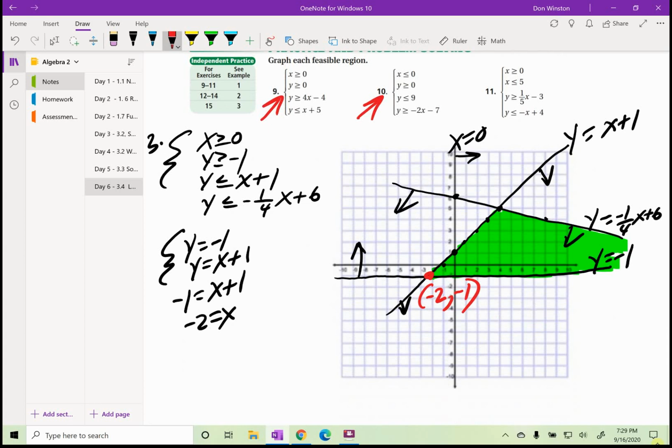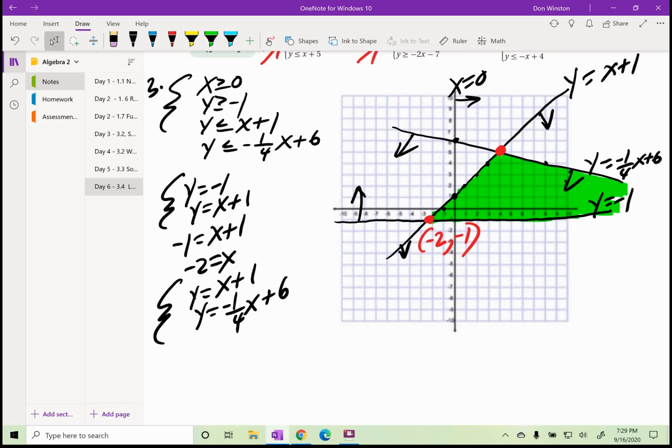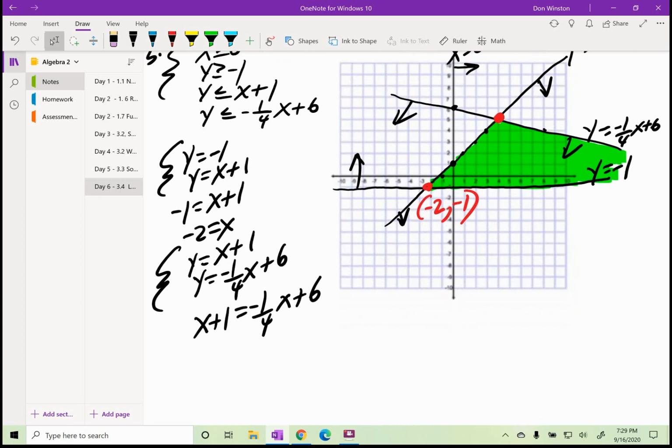I want to find this corner point here. That's the intersection of two lines: y equals x plus 1, and y equals -1/4 x plus 6. Again, we set y equal to y. So I have x plus 1 equals -1/4 x plus 6. I'll subtract 1 and add 1/4 x to both sides.